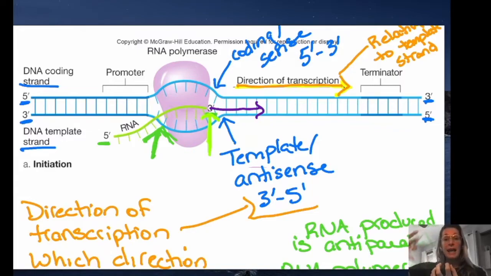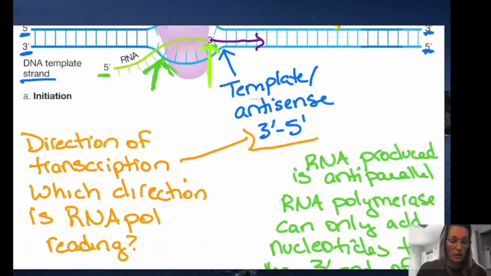And it's producing an anti-parallel strand, so it's extending that RNA at the 3'. So when we talk about the direction of transcription, we're almost always talking about it relative to the template strand. The direction of transcription is 3' to 5' on the template strand. The mRNA is added to on the 3' end.